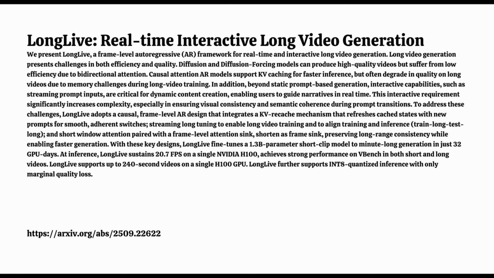The problem there is the model often gets stuck on the old prompt. The cache is full of information or residual semantics from the previous instruction. Prompt inertia, they call it. That's the term, yeah. Prompt inertia. The model lags or even ignores the new prompt because it's still influenced too heavily by the past. So it's either a jarring visual jump or the story doesn't change when you want it to.